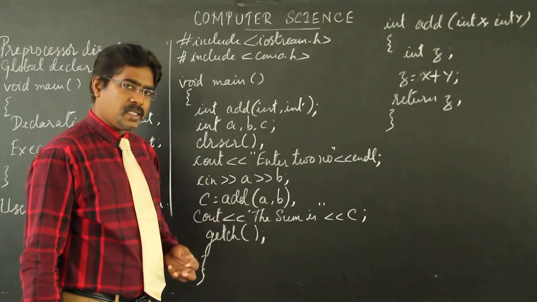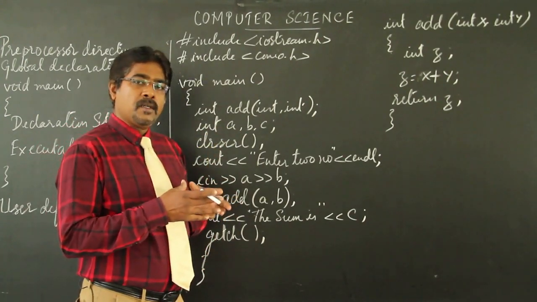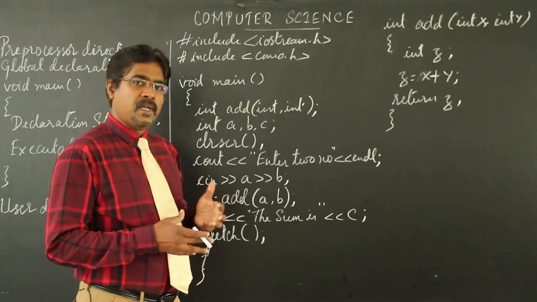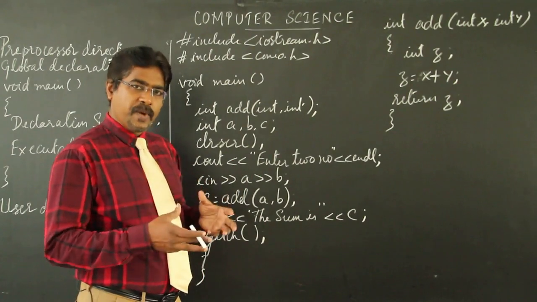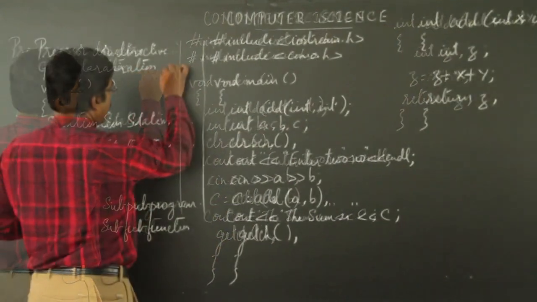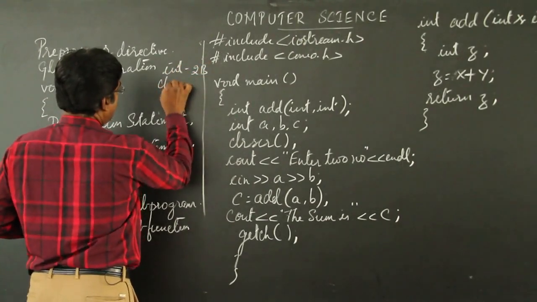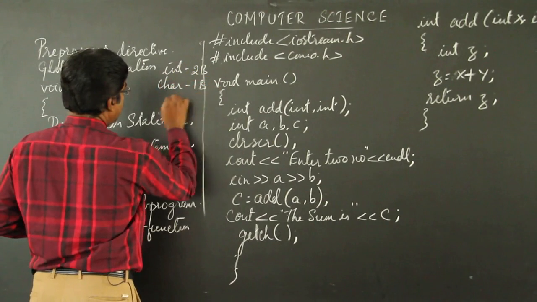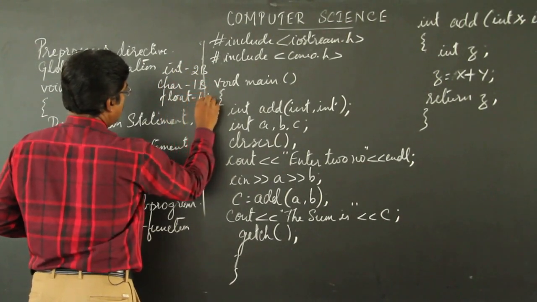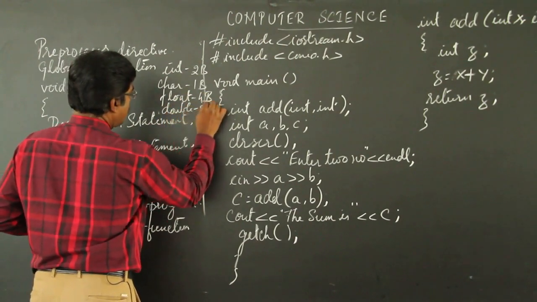Last class I discussed the data types int, char, float and double, the fundamental data types, and each takes a number of bytes. So once again to re-emphasize: int 2 bytes, char 1 byte, float 4 bytes, and double 8 bytes.